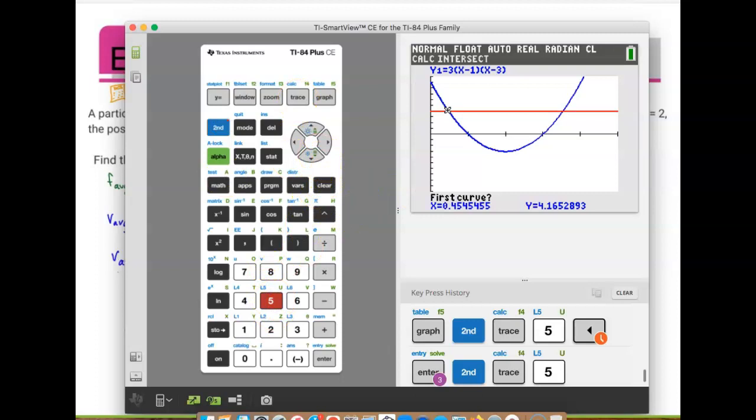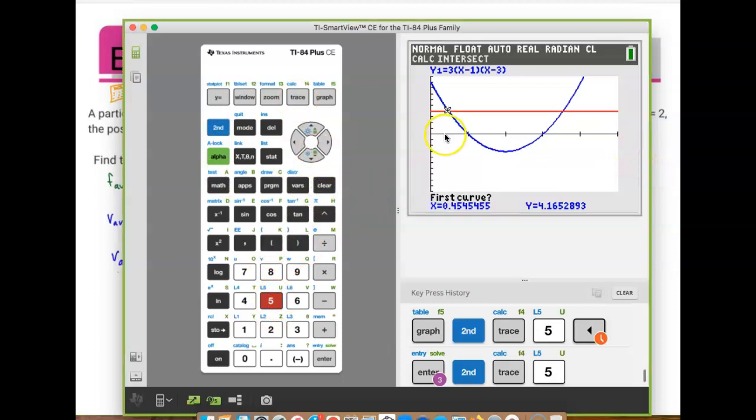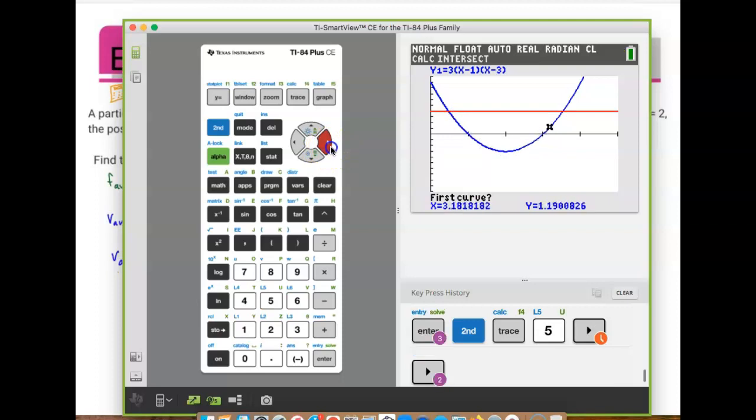Oh, sorry guys, you're not seeing my calculator online. So I just graphed my velocity and I graphed my average velocity, which was y equals 4. Anytime you have two different intersections that you're trying to find on the same screen, when it asks you for the first curve, just get closer to the other one that you're trying to find. There we go. So t equals 3.528.